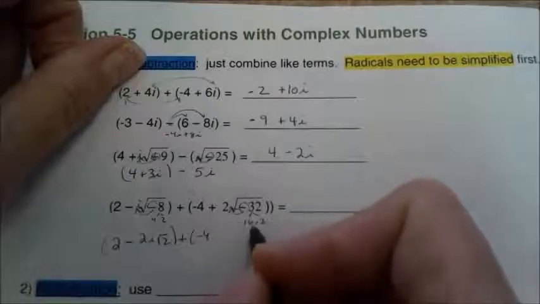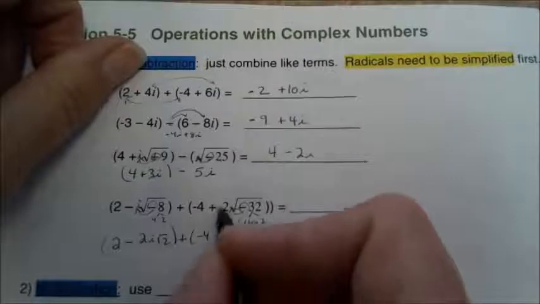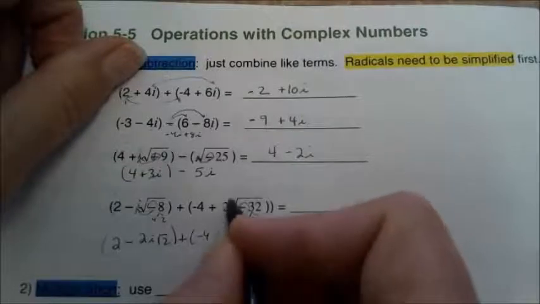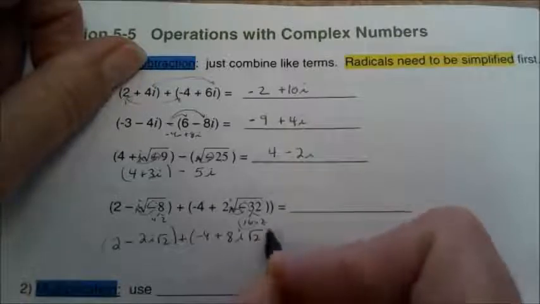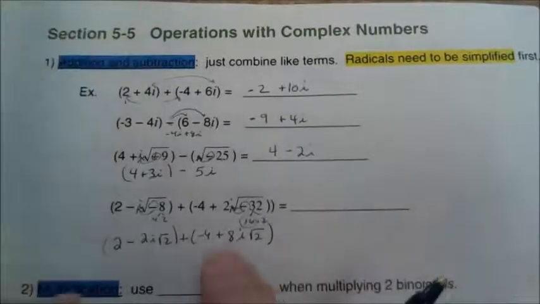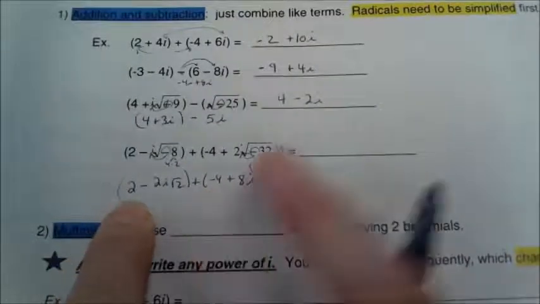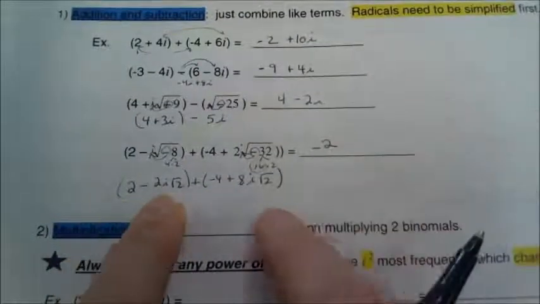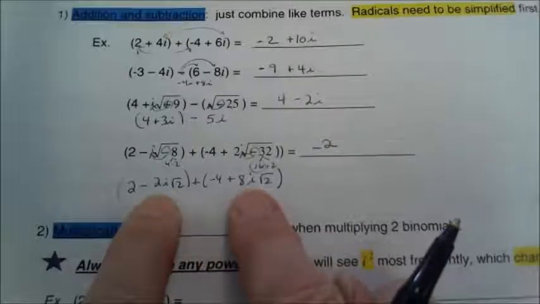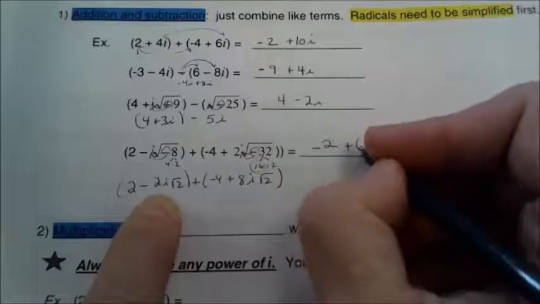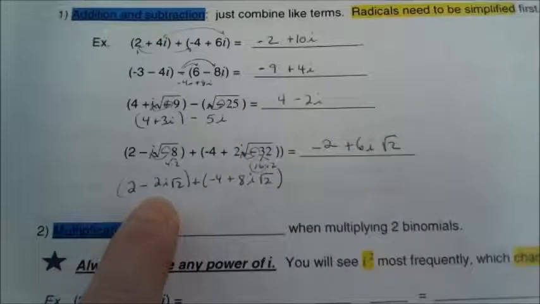The square root of 16 is 4, and 4 times 2 is 8, so you're going to add to that 8i. Don't forget the i, and then you're left with the square root of 2. So you have like terms here. You have 2 plus negative 4, which is negative 2, negative 2i square root of 2, positive 8i square root of 2 will give you a positive 6i square root of 2, like terms combine.